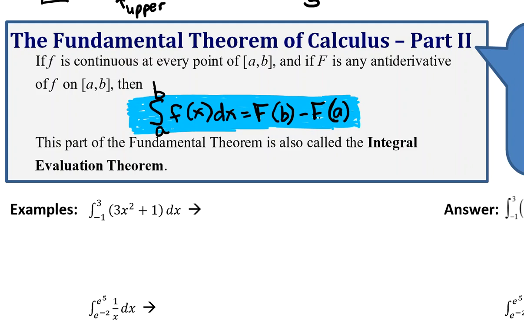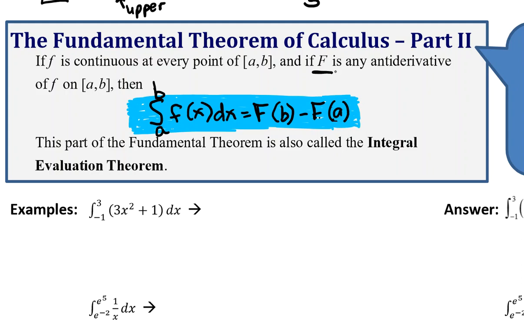And now we move to our second part of the fundamental theorem, and we'll call this the evaluation theorem. So we're trying to integrate function f. We know that an integral requires anti-differentiation. So we're using capital letter F to represent any antiderivative.